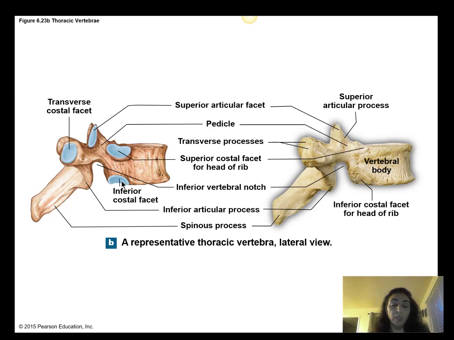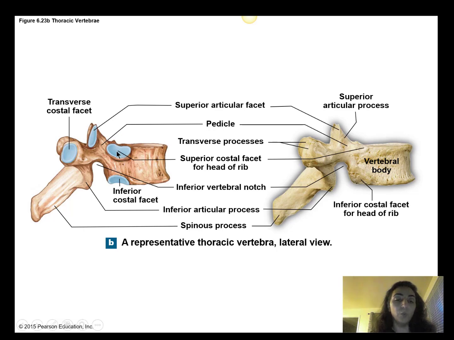We said that each thoracic vertebra is going to attach one rib on each side of it, right? So we have one transverse costal facet here, and we have two of these ones, superior costal facet and inferior costal facet, because many of the thoracic vertebrae are attaching to the rib in two places.